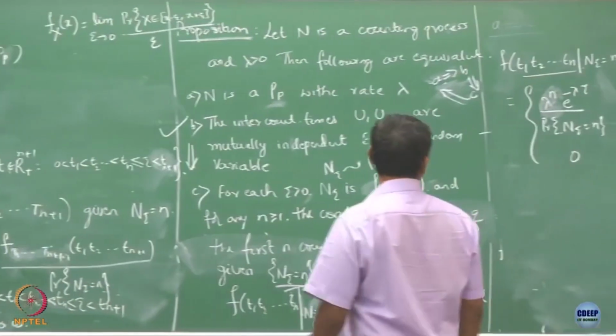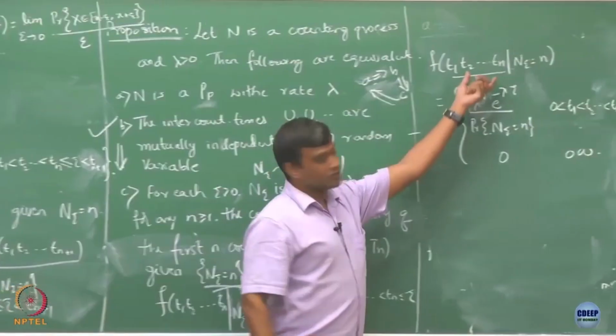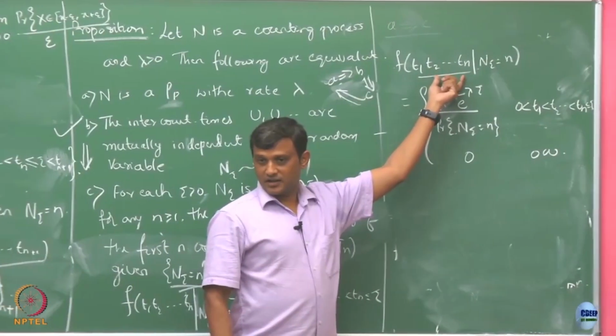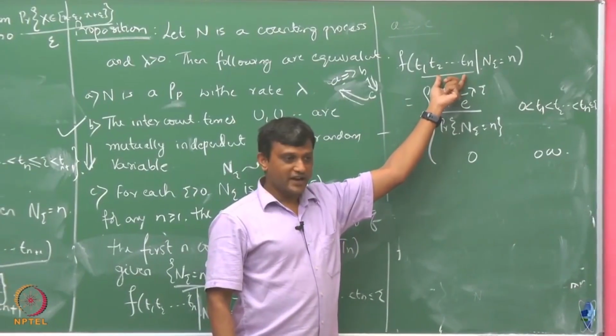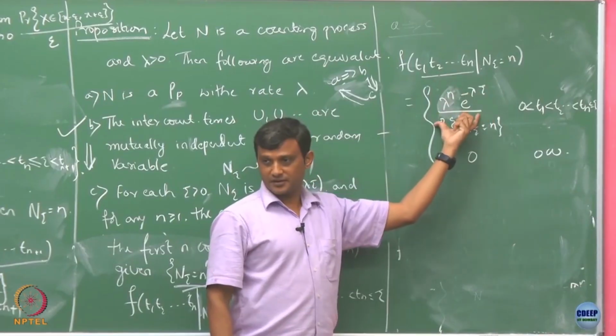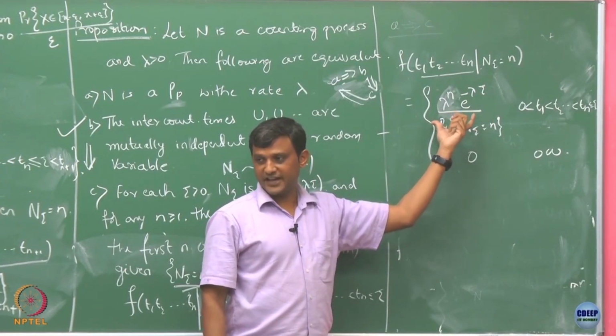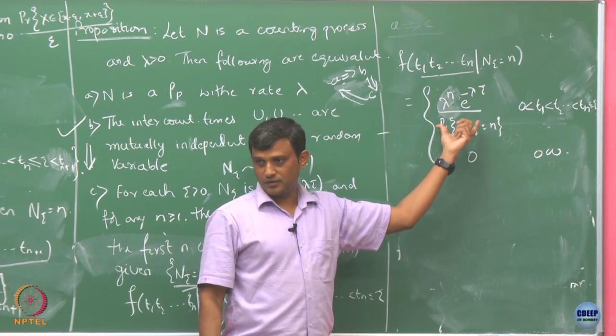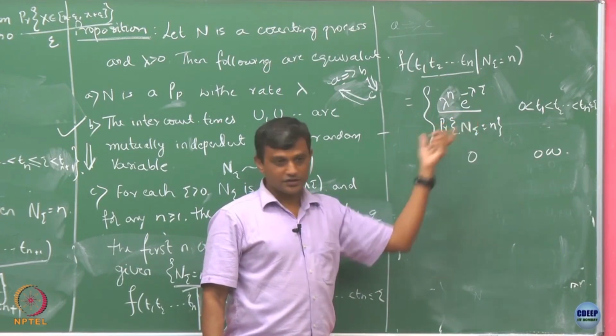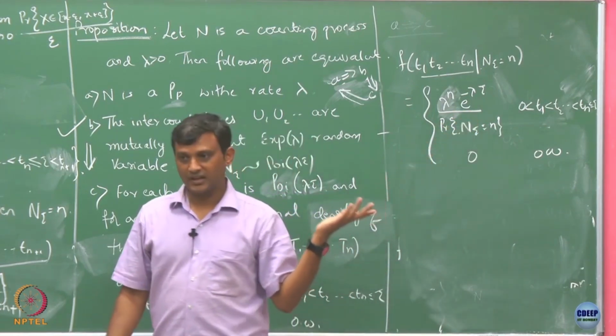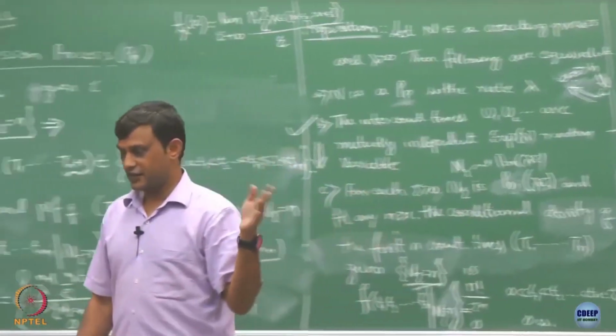Now what is this? I have a PDF, and this is a PDF which takes only a constant value. It should then be some kind of uniform distribution, right?